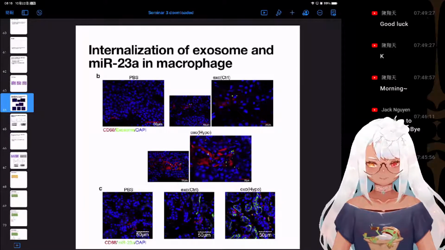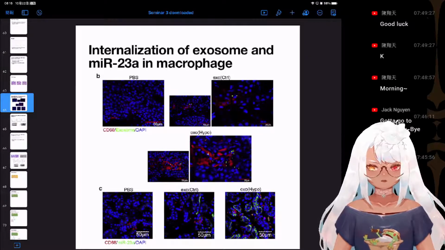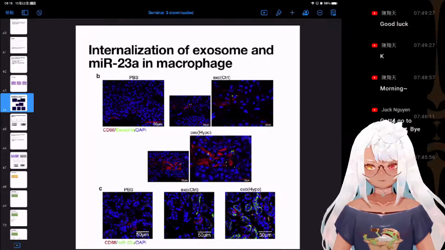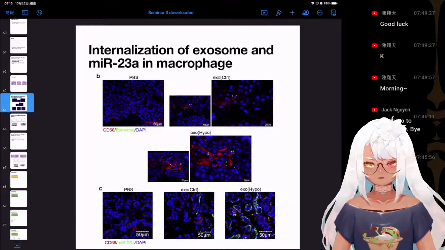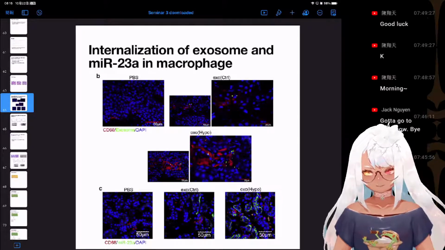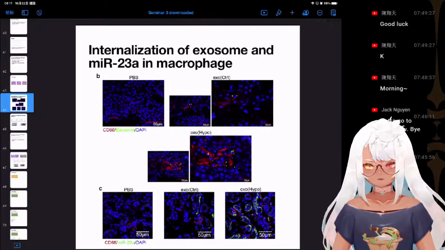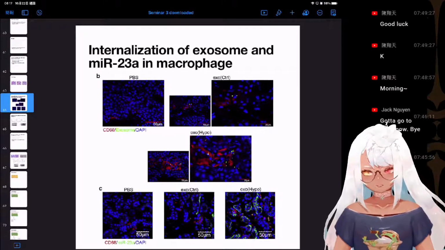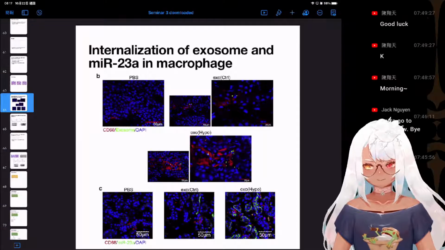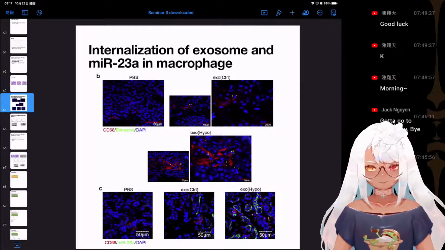Investigating whether these exosomes and mitochondria are internalized in macrophage, we can see that the CD68 is macrophage, exosome and mitochondria are stained with the green color, and DAPI is the cell nucleus.